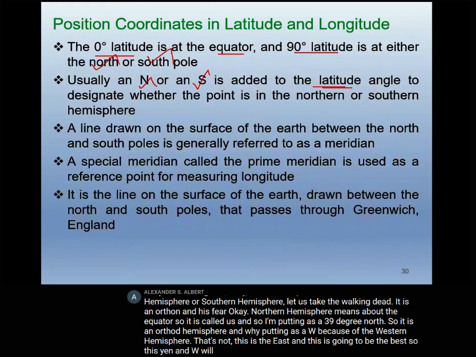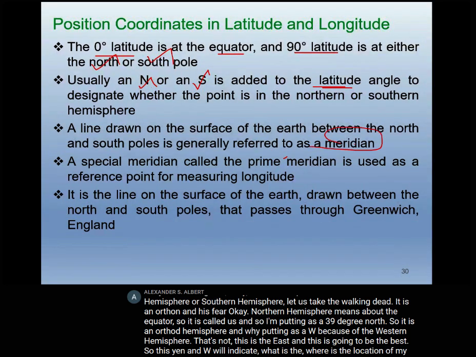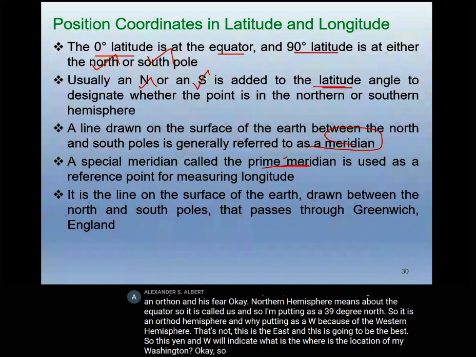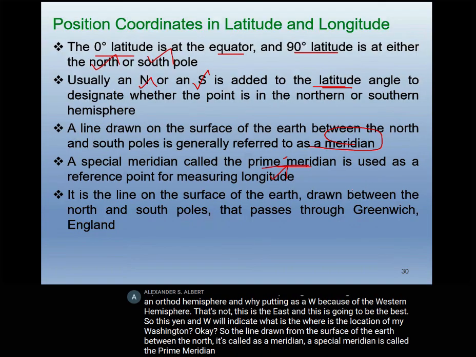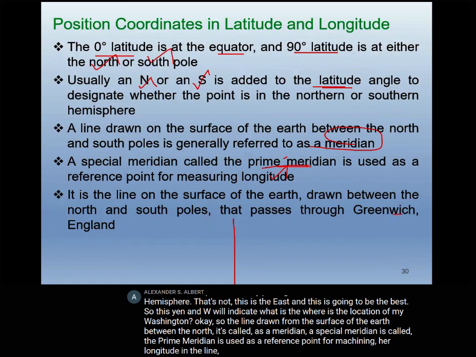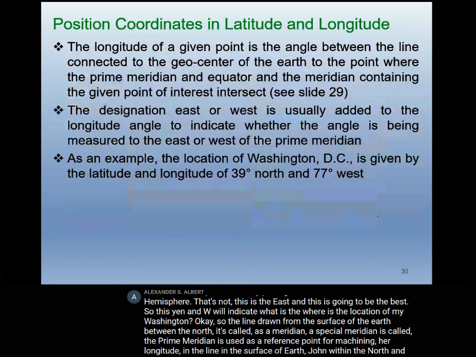So the line drawn on the surface of the Earth between the north and south poles is called a meridian. A special meridian called the prime meridian is used as a reference point for measuring the longitude. It is the line on the surface of the Earth drawn between the north and south poles that passes through Greenwich, which is in England.